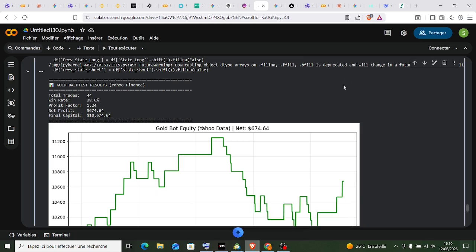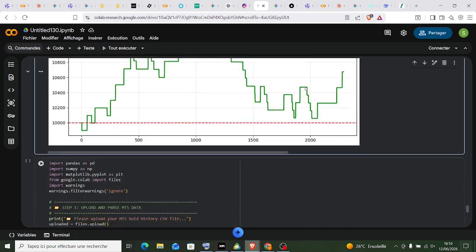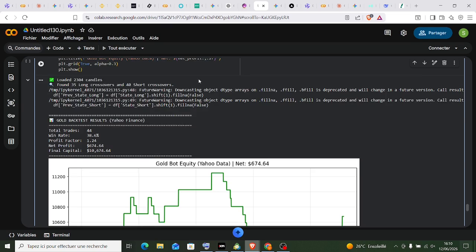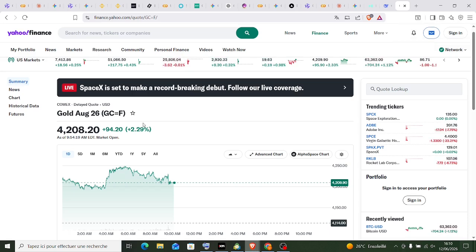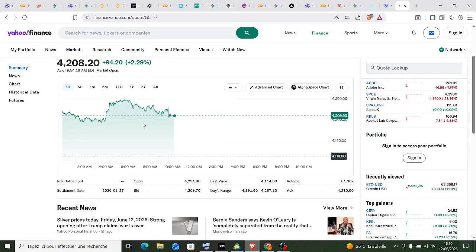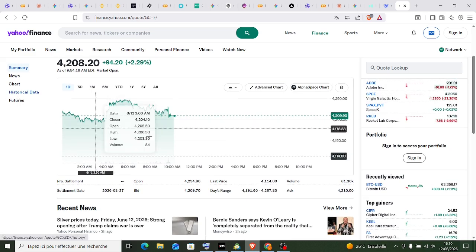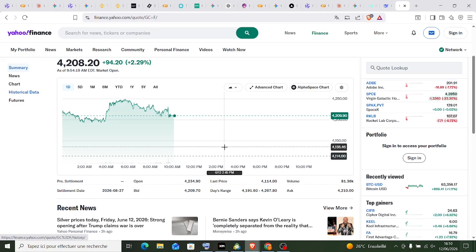What is going on? Is my MQL5 code broken? I spent hours debugging until I realized the massive rookie mistake I was making. I was comparing gold futures to spot gold. Yahoo Finance gave me the GC=F ticker, that is gold futures, traded on the COMEX exchange, but MT5 trades XAUUSD, that is spot gold, traded over the counter.